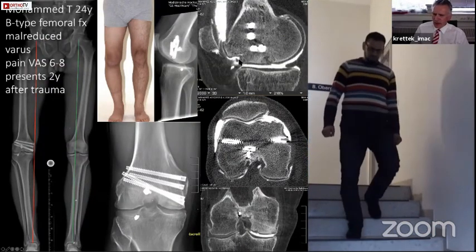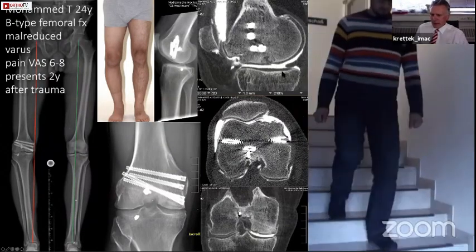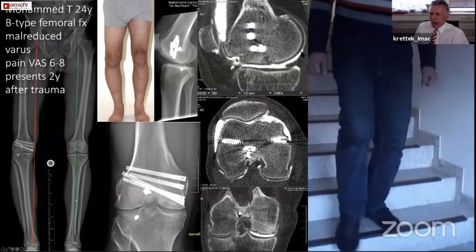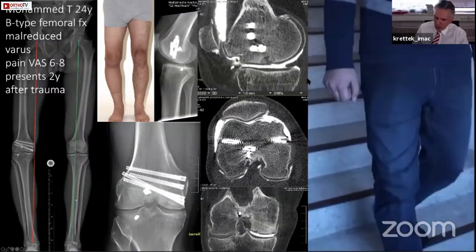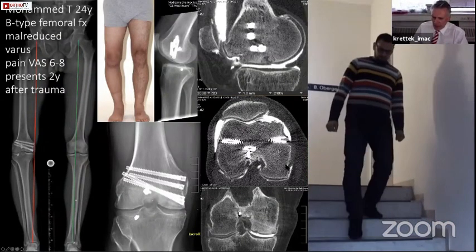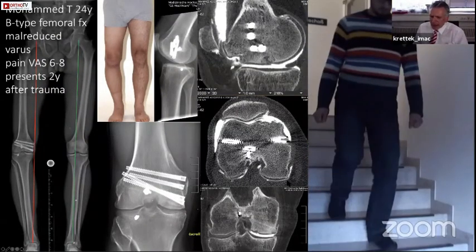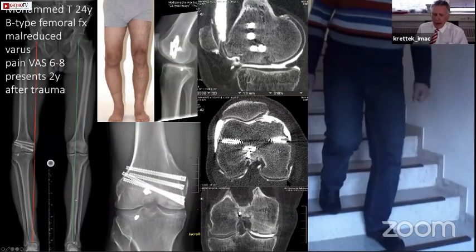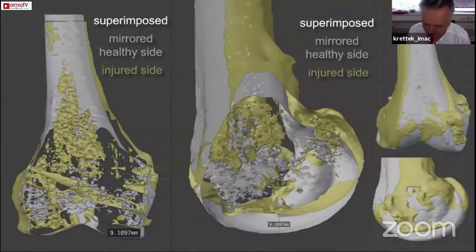We see steps, defects, and interruption of the cartilage. His meniscus was pretty much intact, and also we use 3D analysis of both sides in order to judge the amount of correction we need.